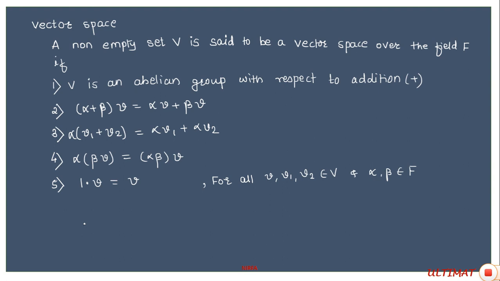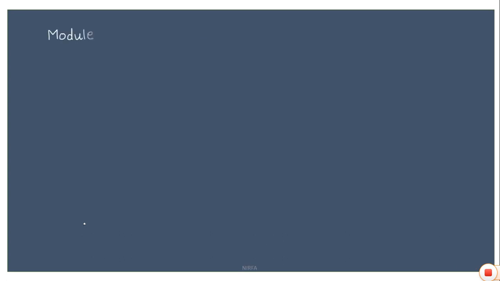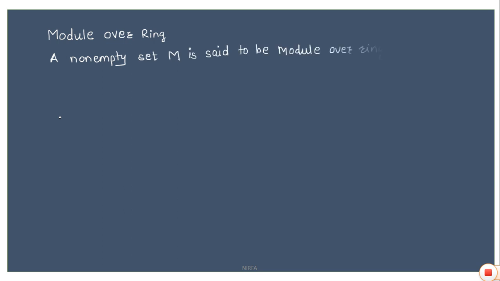Now let us define module. Module over a ring. A non-empty set M is said to be a module over the ring R if M is an abelian group with respect to addition.